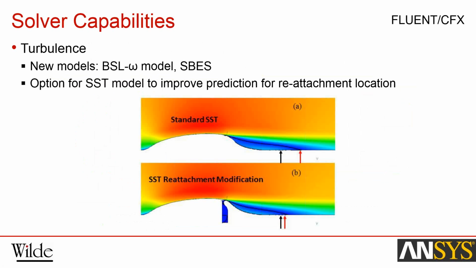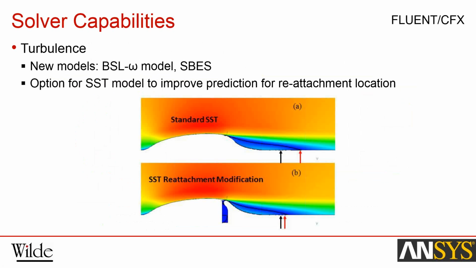The SBES method is a combination of RANS and LES. Fluent has had this for a while, but the difference is the user can choose what RANS model they want to use, and then have a blending factor to move into the LES zone. So that's the key. You're not limited to what Fluent says should be used on a RANS/LES model. You can choose what RANS model you want to use.